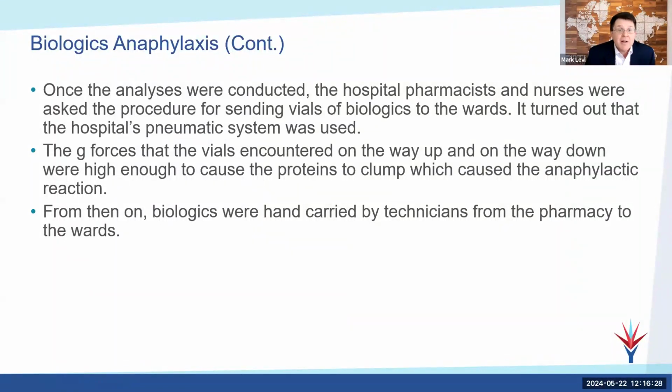And from then on, biologics were hand carried by technicians from the pharmacy to the wards. So while James Bond had shaken, not stirred, in this case, gently swirled is far better than shaken.